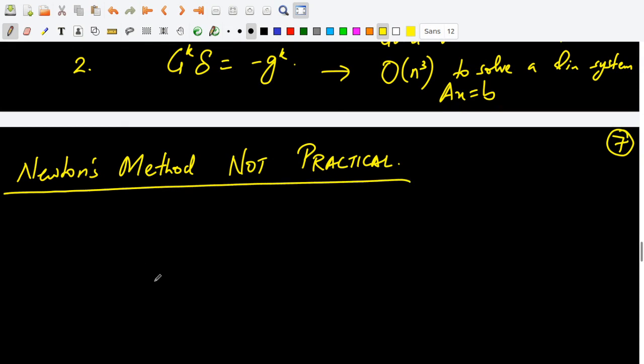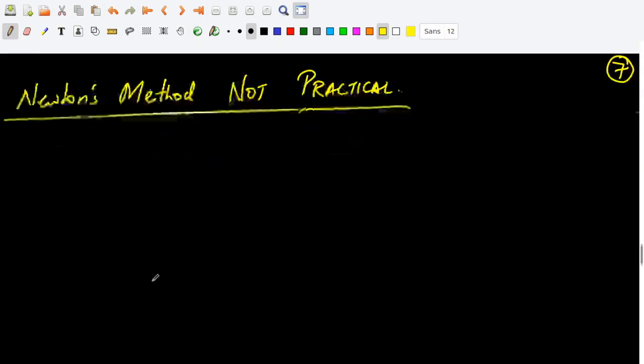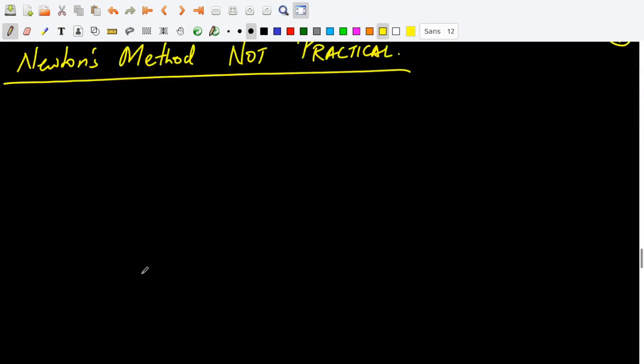So we will look at some methods which try to overcome these difficulties of Newton's method. More specifically, we will look at methods called quasi-Newton methods.